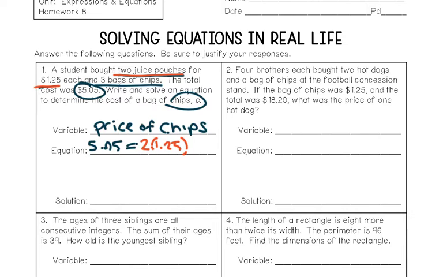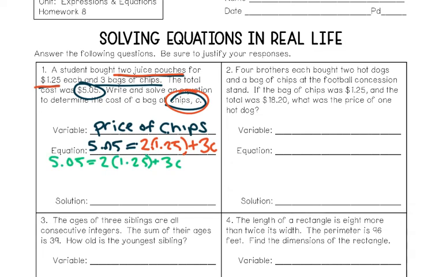We still have the chips in the transaction, and since we only know that they bought 3, we can put that there, but we do not know how much the chips were. So right next to the 3, we'll put our C there, which will represent the chips. And now we can go ahead and solve this equation to find out how much each bag of chips cost.